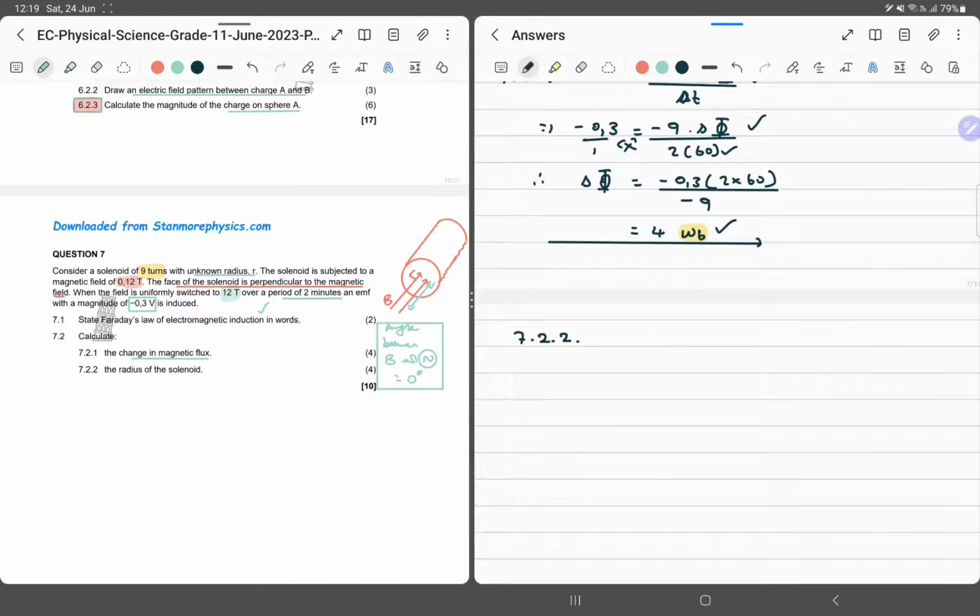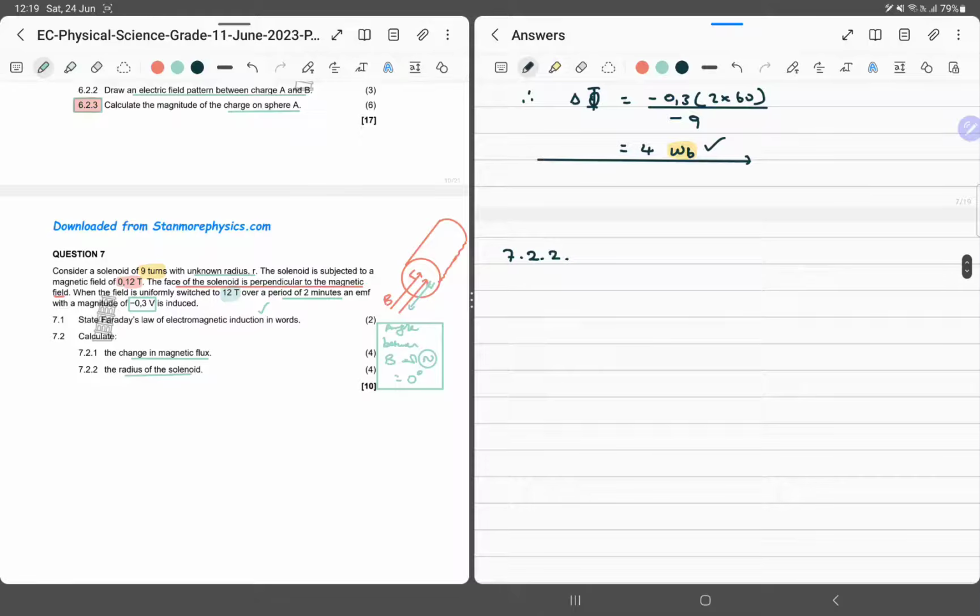Now 7.2.2. We're told to calculate the radius of the solenoid. Easy. We know that the change of phi is basically the magnetic field strength multiplied by the enclosed area through which those field lines are passing, times cos of theta, which is the angle between the normal of the area of that solenoid and the magnetic field lines.